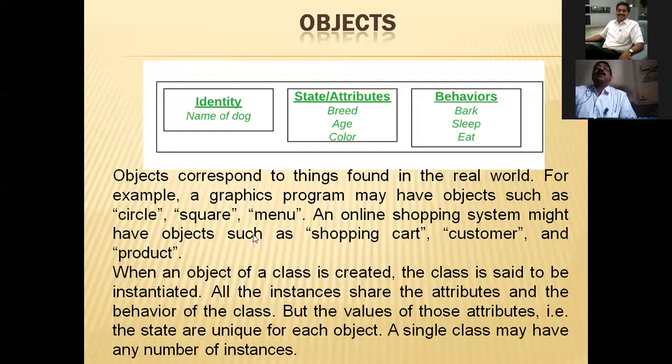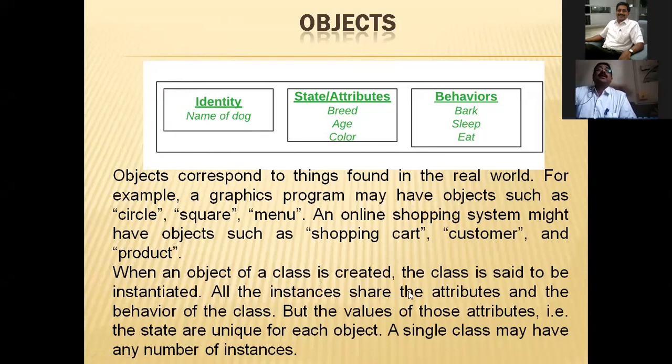An online shopping system might have objects such as shopping cart, customer, product. The products in the bazaar are objects, the bucket is the shopping cart, and you are the customer, you are also an object. The products placed in the racks of that bazaar, you place in the shopping cart and move it towards the counter.